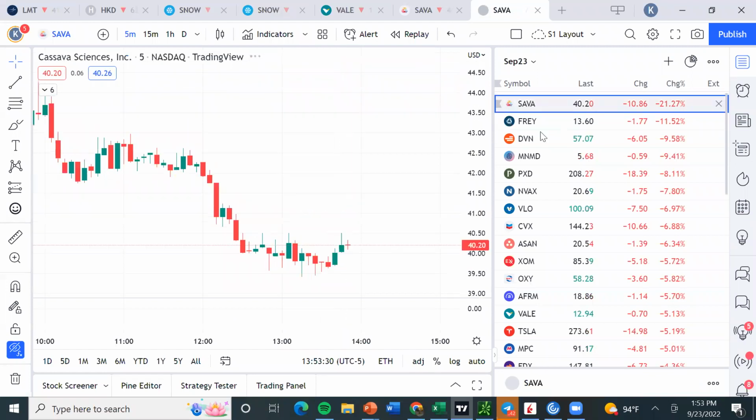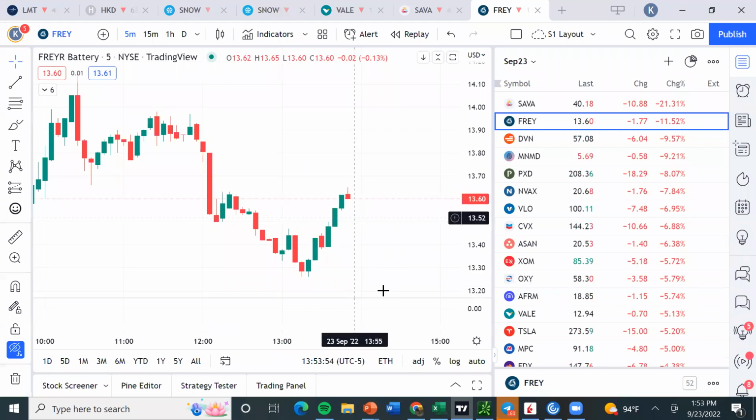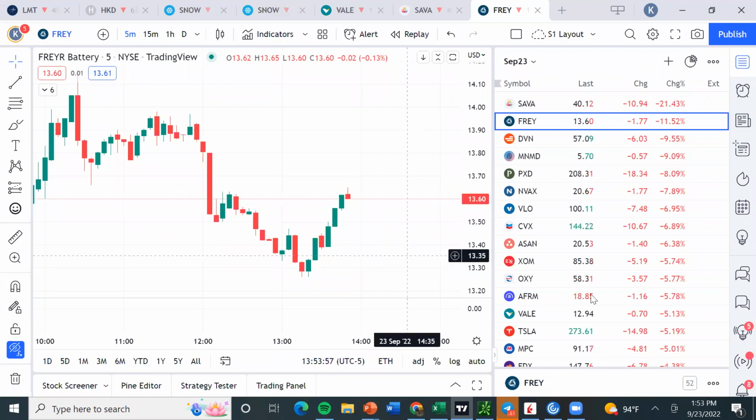So our main items, Sava, Frey, and then, again, let's wait. It may again come back to somewhere here, which is a strong support or low of the day. Then it will move up from here. So we don't need to buy somewhere in the middle. We have to just wait with patience, and then we can make the maximum profits.